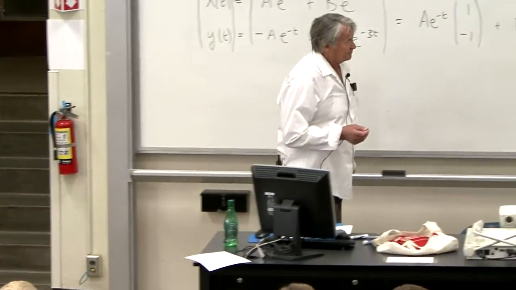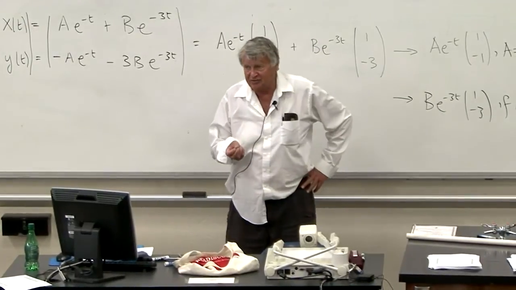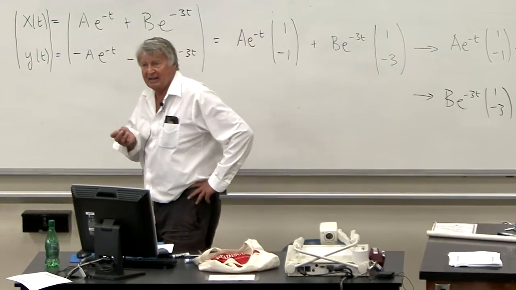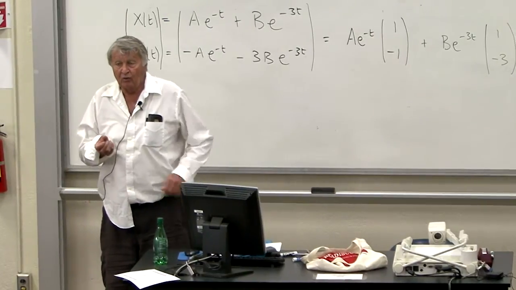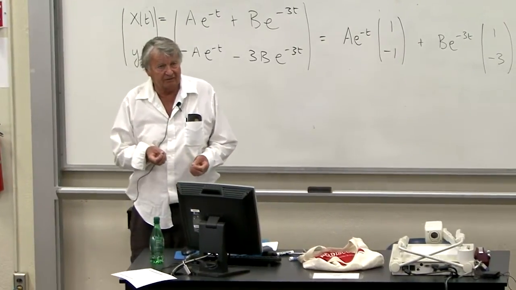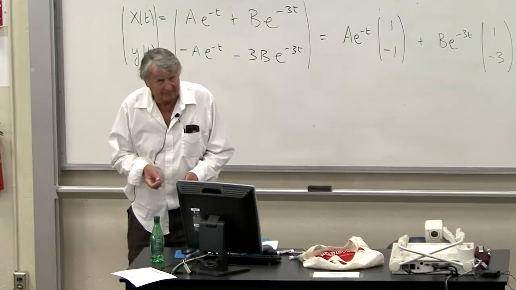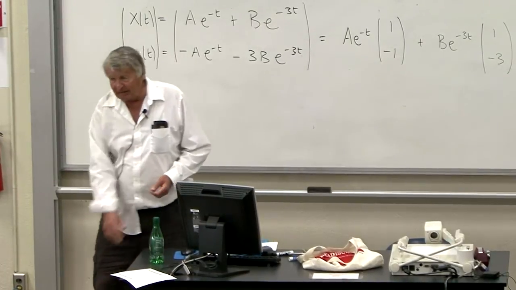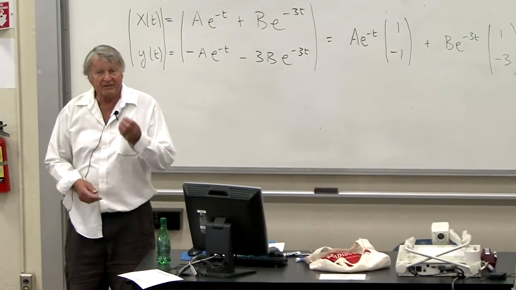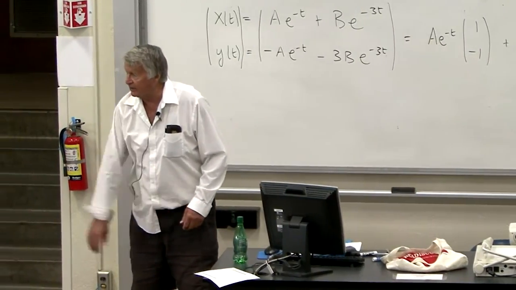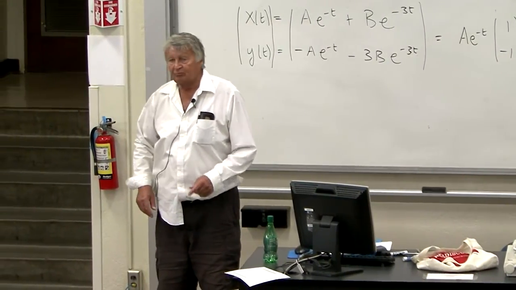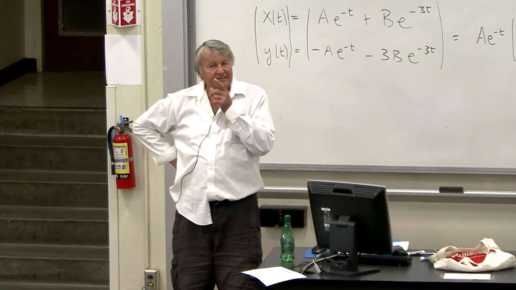Now, what's going to be very interesting from the point of view of applications is the following. When we have a circuit or a spring or a pendulum where the damping is very weak and it has these natural oscillations in it, it's going to be very sensitive.